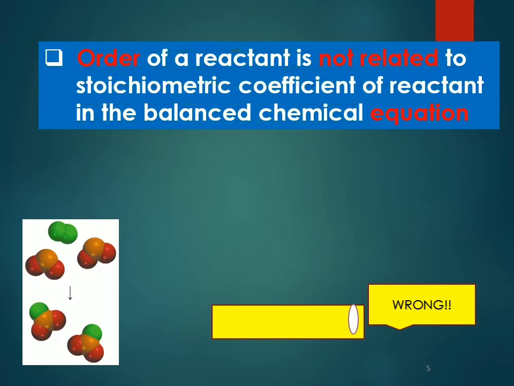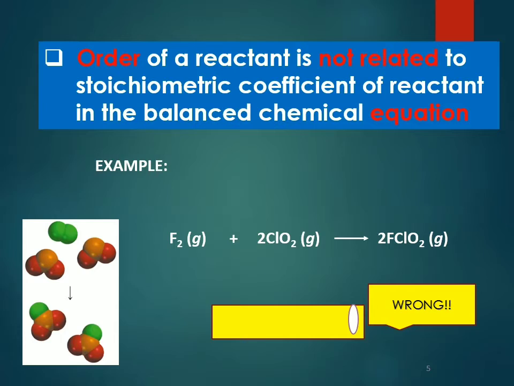As we mentioned, the order of the reactants is not related to the stoichiometric coefficient of the reactant in the balanced chemical equation. What does this mean? For example, I have this chemical equation where F2 reacts with ClO2 to produce FClO2. My rate law is written as rate is equal to k, concentration of F2 multiplied by the concentration of ClO2.